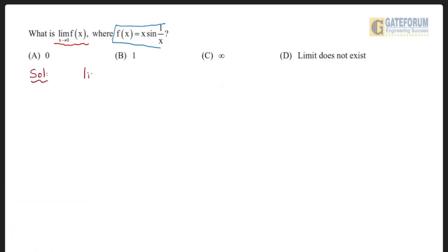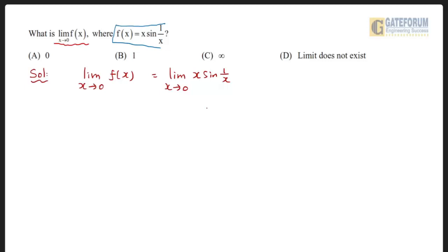Limit as x tends to 0 of f of x is equal to limit as x tends to 0 of x sine 1 by x. When x is approaching 0, 1 upon x approaches infinity. Am I correct or not?